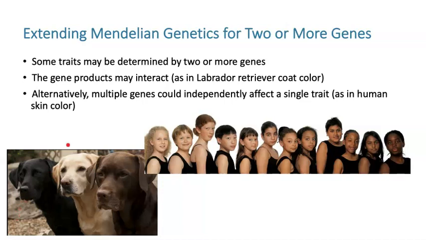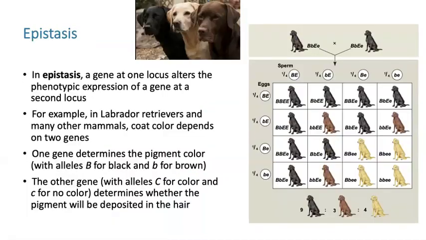So we'll talk about how those genes can interact when we take a look at some Labrador Retriever genes. Or alternatively, we could think about how many genes could affect a single trait, like human skin color. We have many, many, many genes that go into determining human skin color. So let's take a look at our Labrador Retrievers first and get a new term called epistasis.